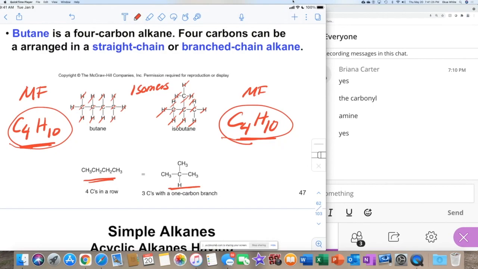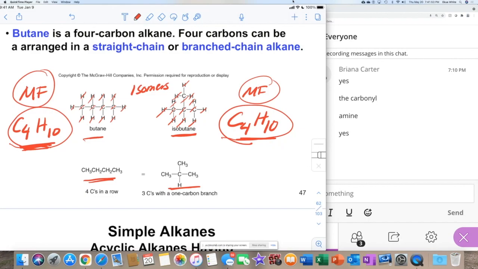Siblings. Not twins, just siblings, brother, sister, whatever, they're related, they come from the same parents. So the molecular formula would be like the parents, or maybe the same genes, and then the kids look kind of different. So butane is from that molecular formula, and so is isobutane, but their behaviors will be very different because the arrangement of the atoms came out differently.